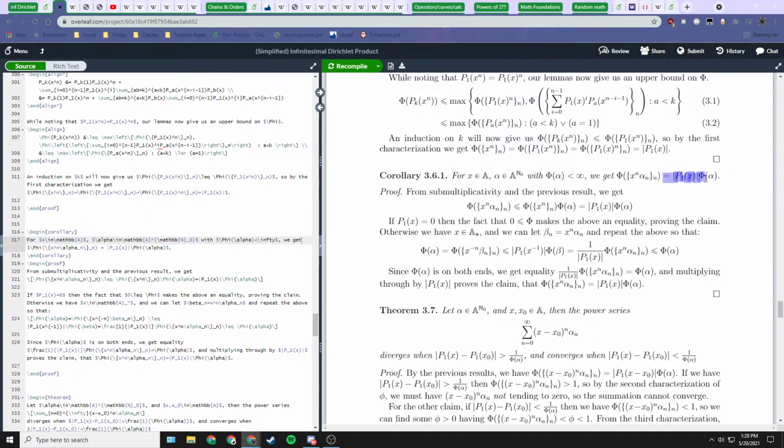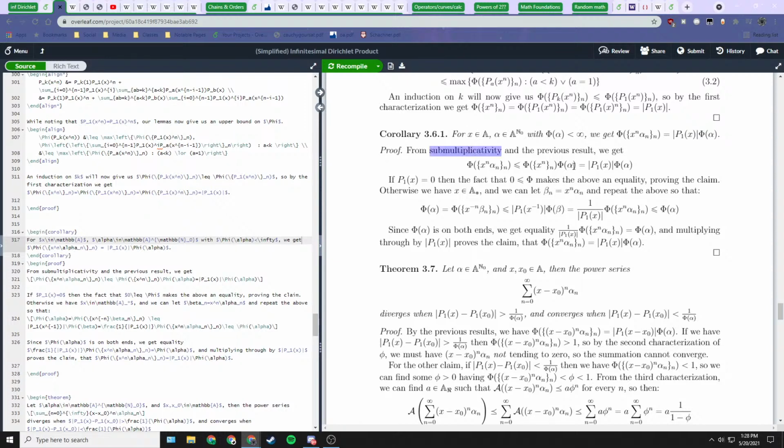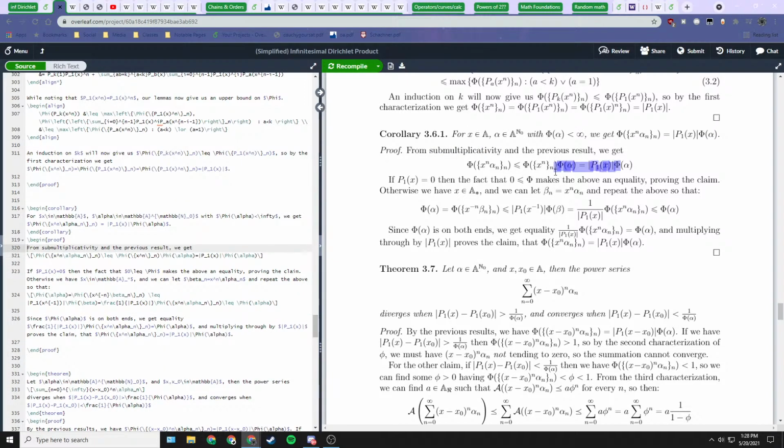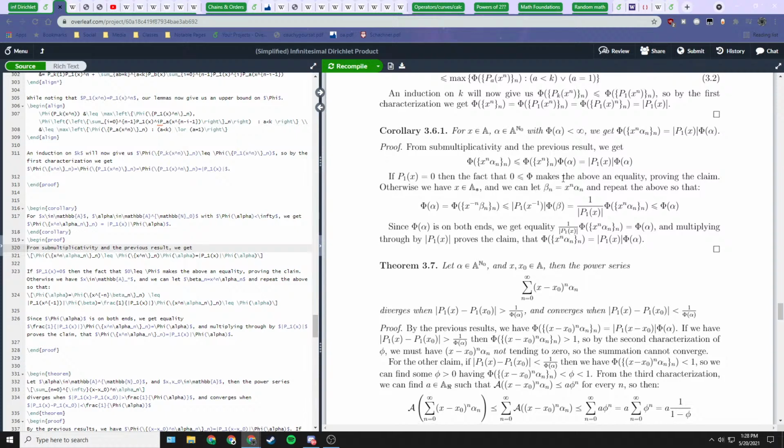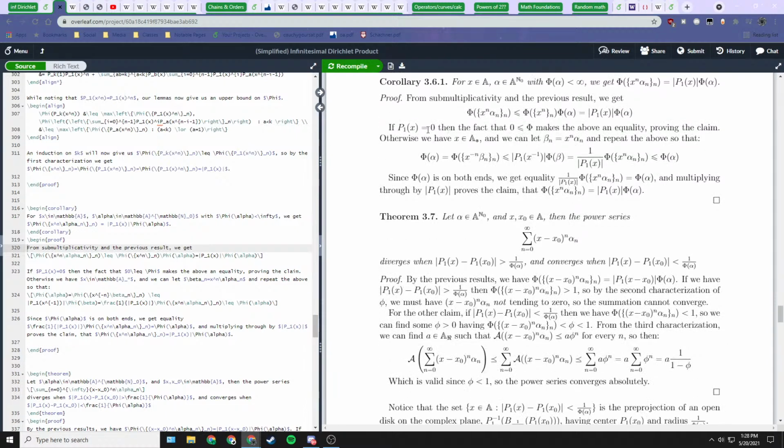We get this equality. So from sub-multiplicativity in the previous result, this holds because phi of alpha is finite. This 0 case works fine. And then we repeat the above result in reverse, and this works because beta sub n, or sorry, both of these are finite, and also both of these are finite.